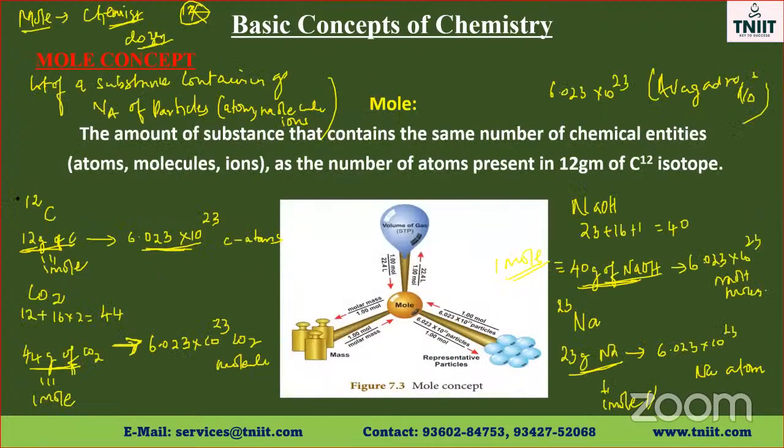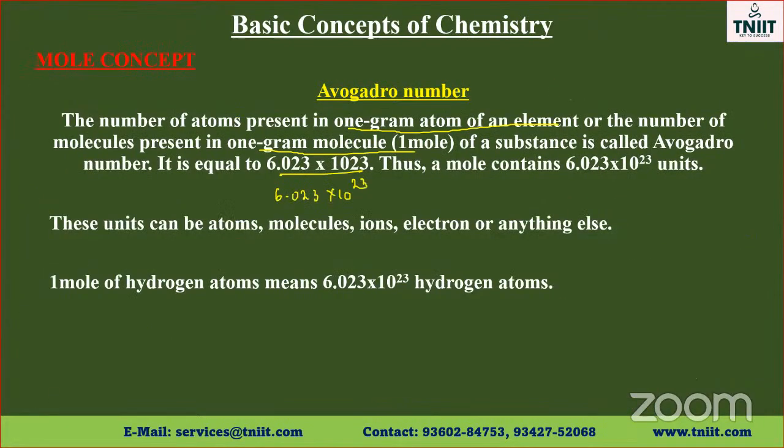See here, carbon is an atom. 1 gram atom is 12 grams. 12 grams of carbon contains 6.023 into 10 power 23 carbon atoms. Therefore, 12 grams of carbon is called 1 mole. If you take carbon dioxide, the molecular weight is 44. 44 grams of carbon dioxide contains Avogadro's number. Therefore, it is called 1 mole.